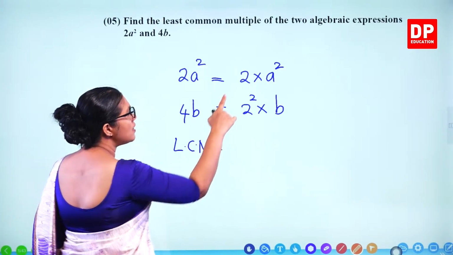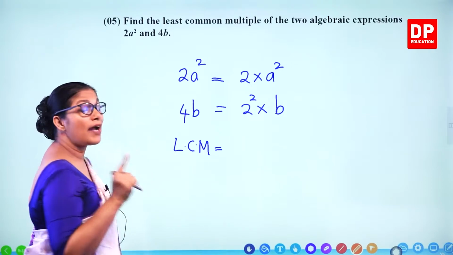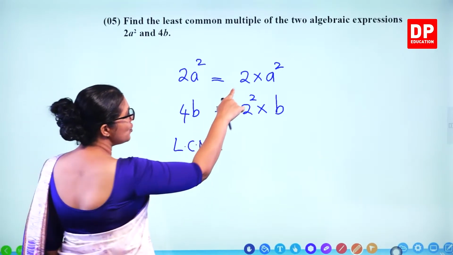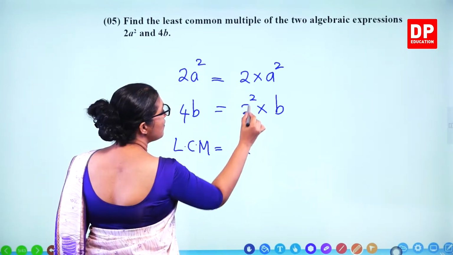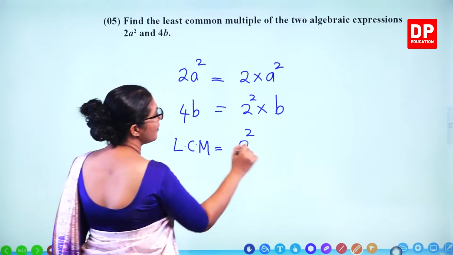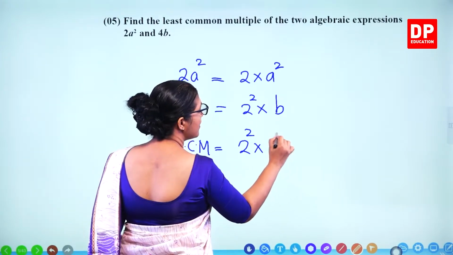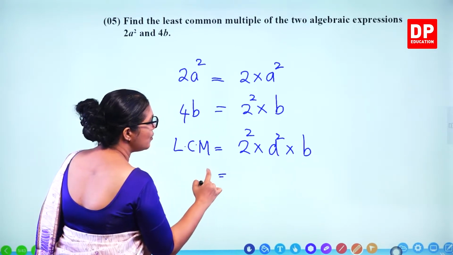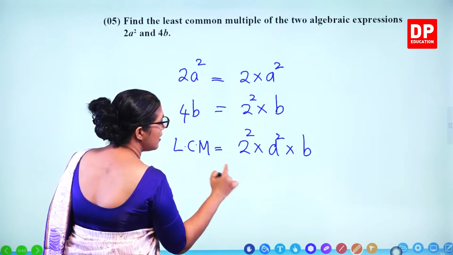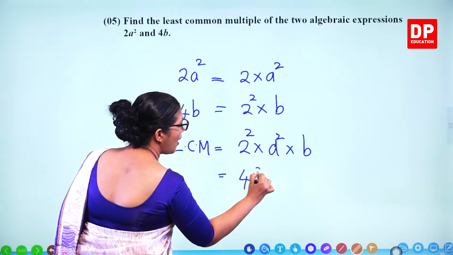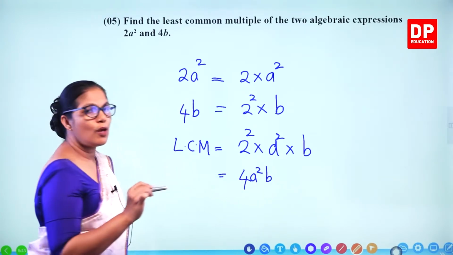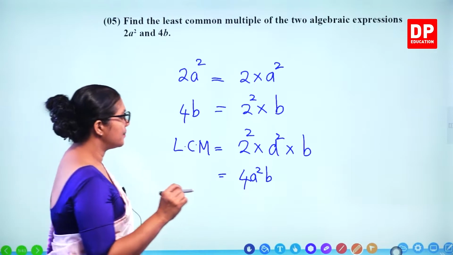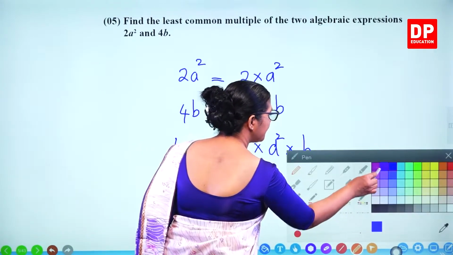We take all distinct factors with the maximum power. When you take 2, maximum power is 2. A squared and b. So finally you get 2 squared is 4, a squared b is the lowest common multiple. So 2 marks for that.